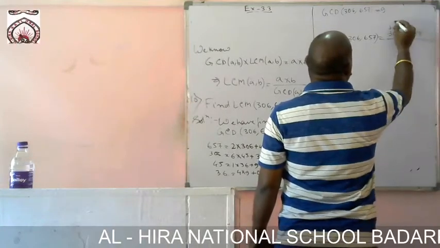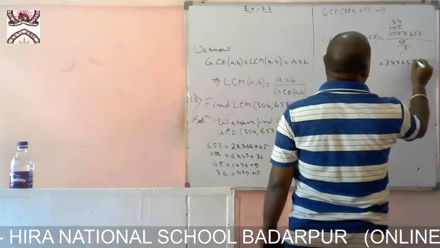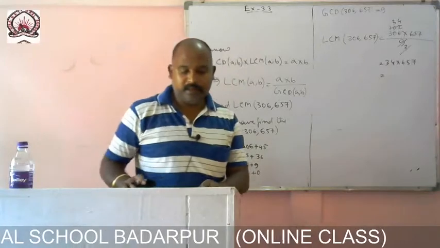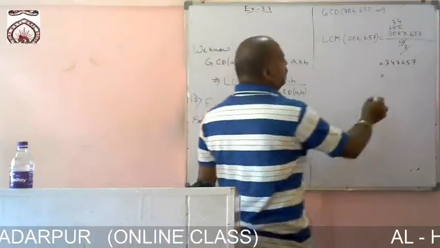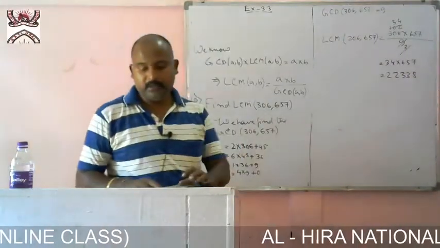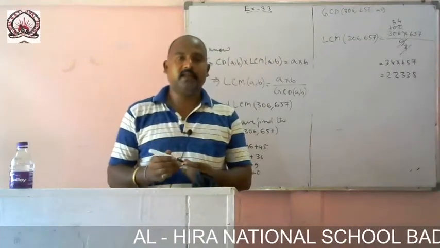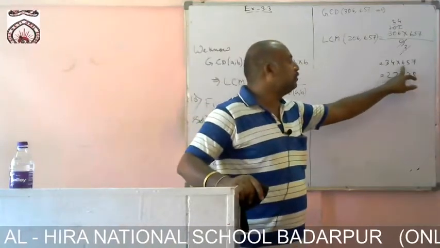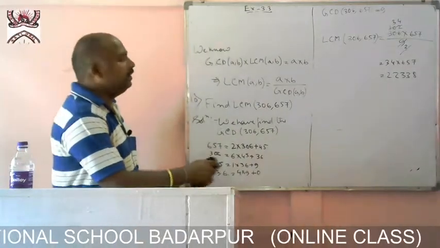If I divide it by 3, 34. 34 into 657, the value of this answer will be 22338. If I multiply 34 into 657, then we are getting 22338. Clear?